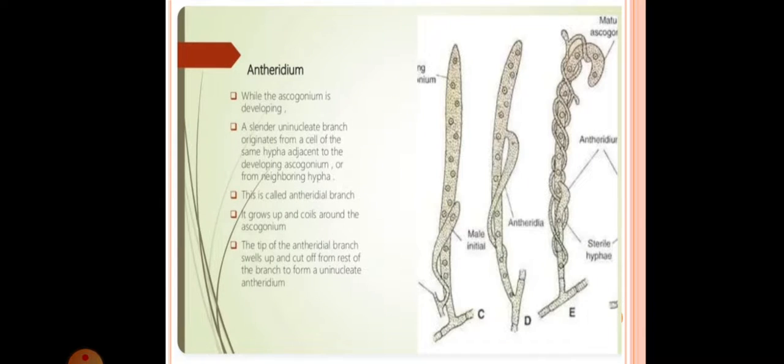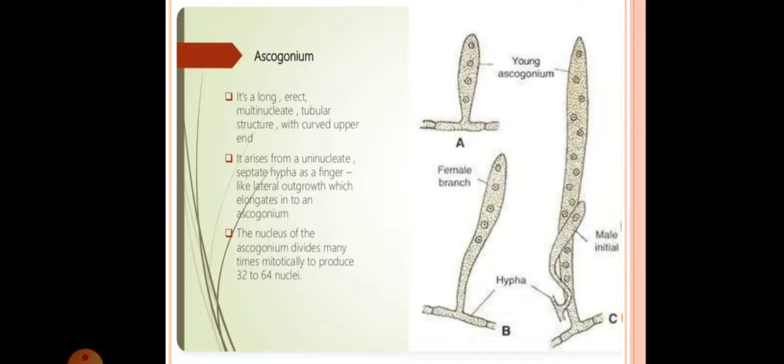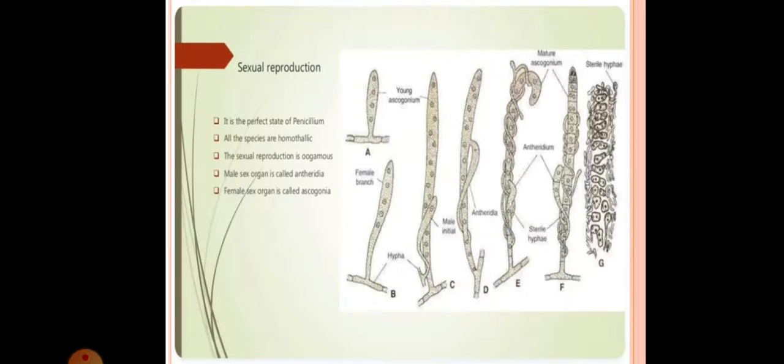It arises from a uninucleate septate hypha as a finger-like lateral outgrowth, which elongates into an ascogonium. Here this one is the multinucleated ascogonium.